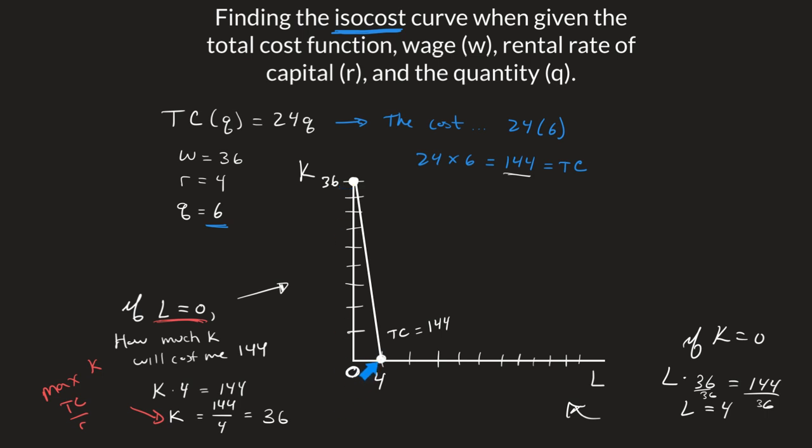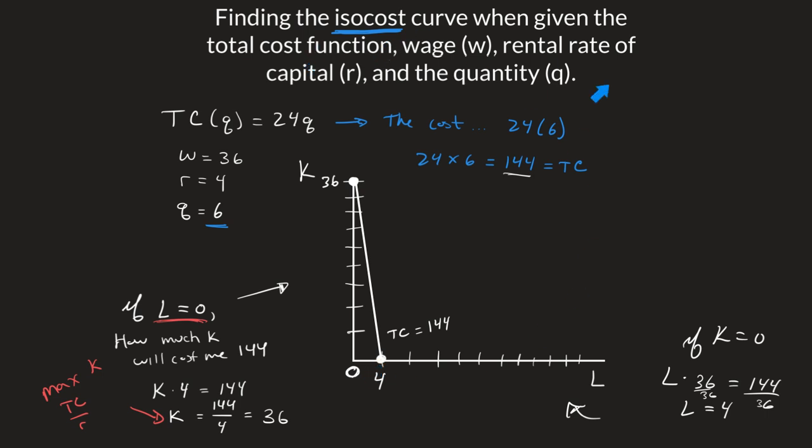So if I have 4 L's times 36, well, again, that's the same kind of math we're doing here, right? 4 times 36 is going to equal $144. And then we can always double check. Like if I know my quantity is 6 and I plug my 6 into here, I've got 6 times 20 is 120. 6 times 4 is 24. Again, we're seeing almost the exact same thing here. It's going to be 144. Everything checks out. We've drawn the isocost curve.